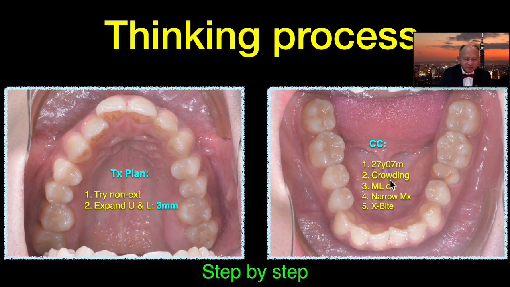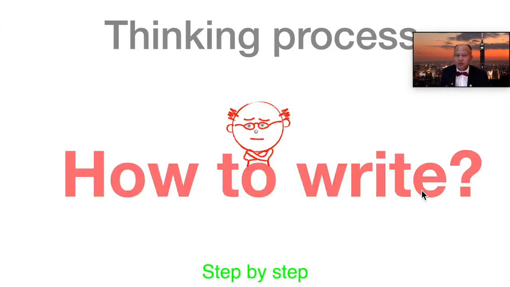Okay. The chief complaint is also important in this one. I will always start with the age. The age is important: is it a young patient or an old patient? Crowding, midline off, narrow maxilla, crossbite. So those are the chief complaints I'm going to solve.